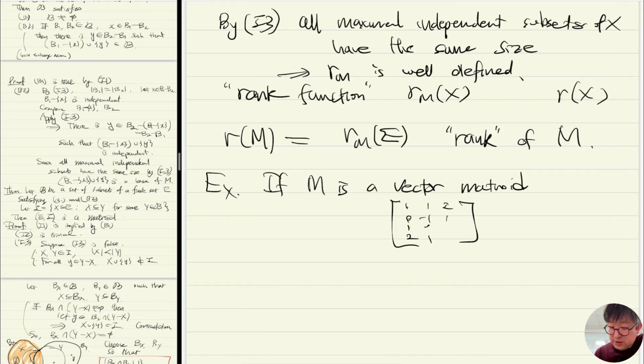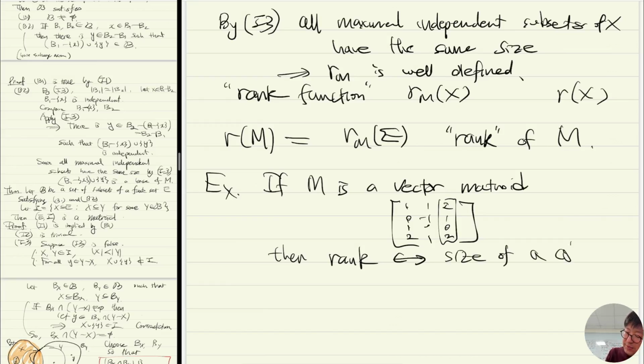Each column represents one vector. Then rank is the same as what? It's the size of a base, but a column base. So it's the same as the size of a column base.